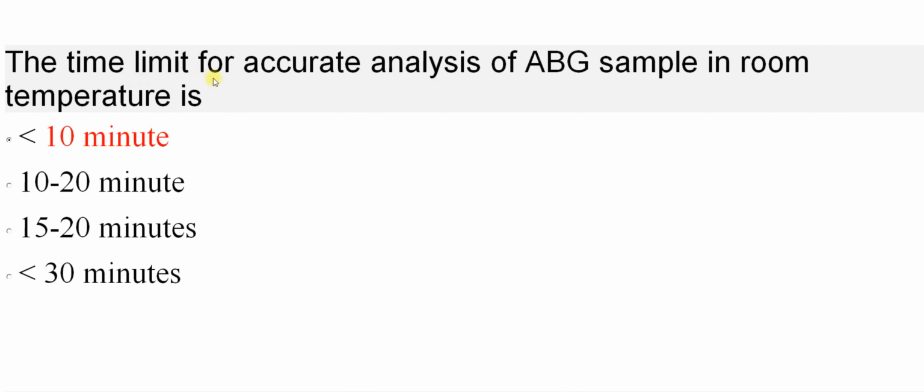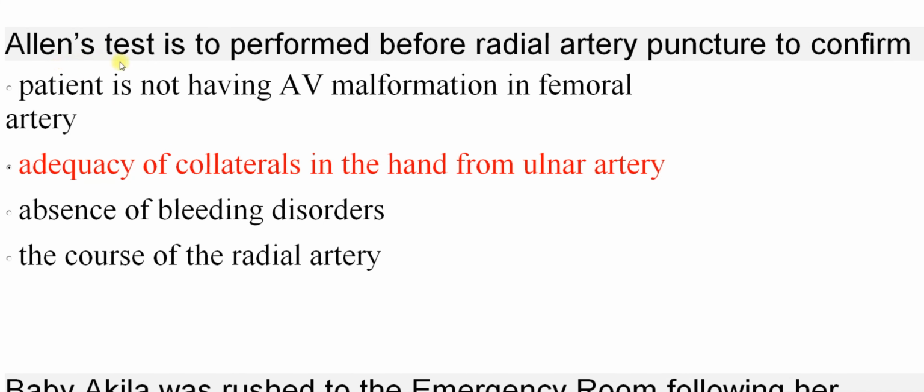The time limit for accurate analysis of ABG sample in room temperature is less than 10 minutes. Allen's test is performed before radial artery puncture to confirm adequacy of collaterals in the hand from ulnar artery.